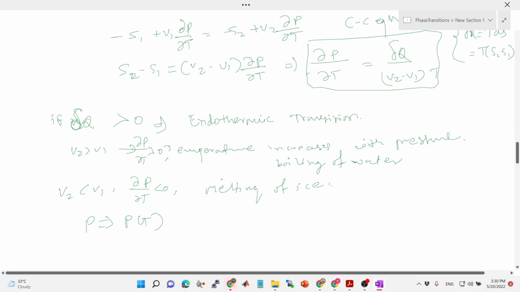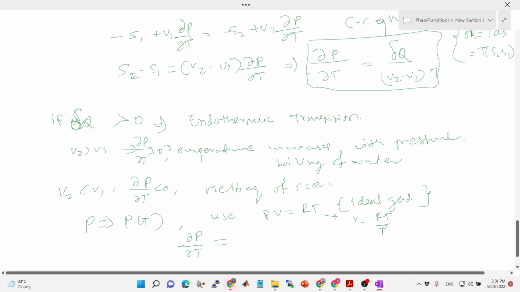If we go back to our Clausius-Clapeyron equation and use the ideal gas condition, then delta P by delta T is equal to, so V2 minus V1 can be written as dV, and from the ideal gas law V is equal to RT upon P.